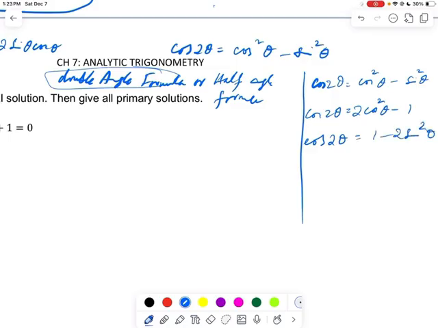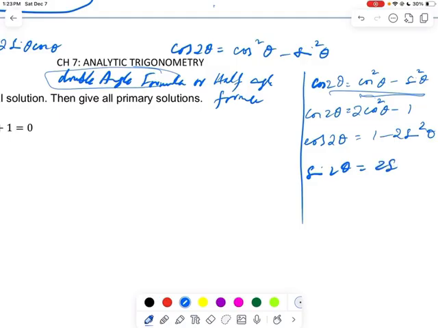So you should either memorize all 3 versions, or you should at least have this first one in your mind. You must memorize that one, and then you should know how to get these other ones from this first version. Okay, let me put the sine 2 theta over here as well.